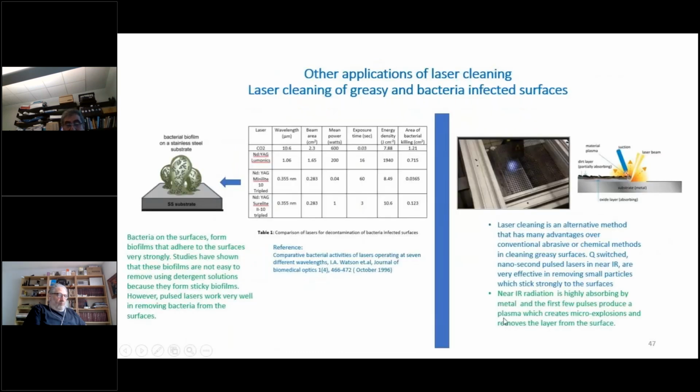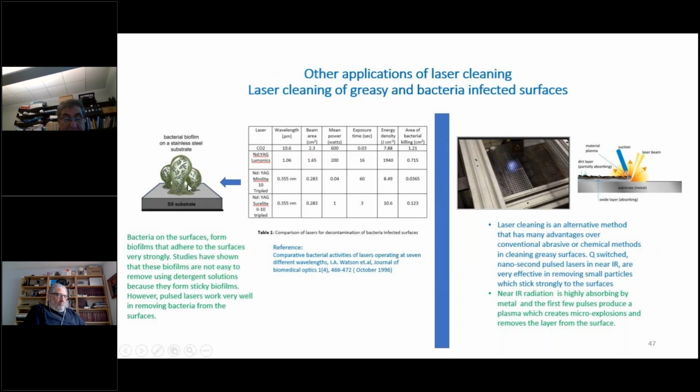And the final slide is about laser cleaning in greasy and bacteria infected surfaces. In the food industry, you have these greasy barbecue plates that need to be cleaned, and near IR laser could be used to blast these microfilms that are very sticky, as you can see on the right side.